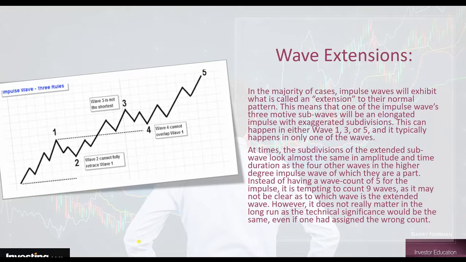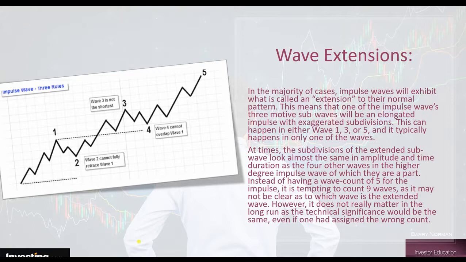Now, that's a wee bit confusing for everybody. So instead of having a wave count of 5 for the impulse, it is tempting to try to count 9 waves, as it may not be clear which wave is the extended wave. However, it does not really matter in the long run, as the technical significance would be the same, even if one had assigned the wrong count.